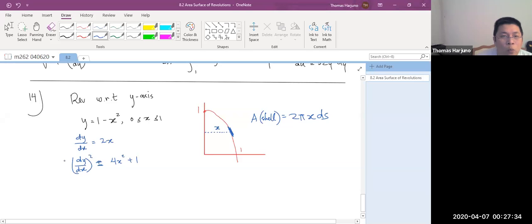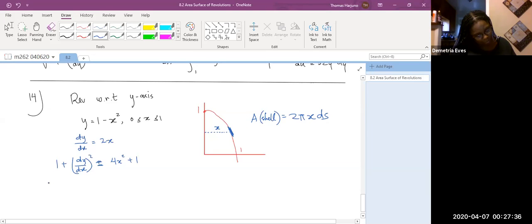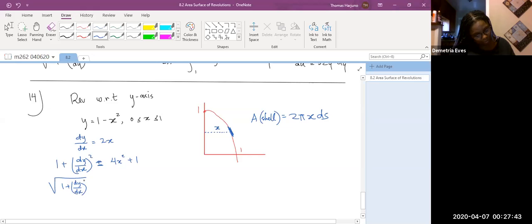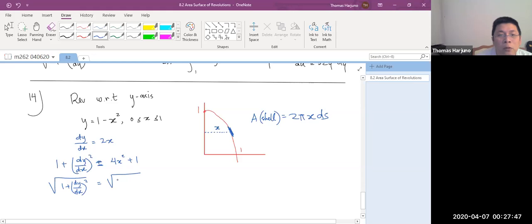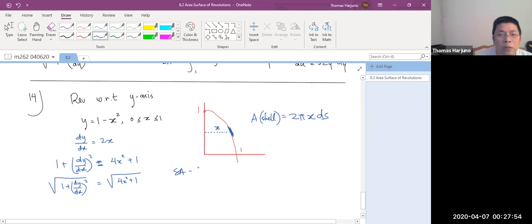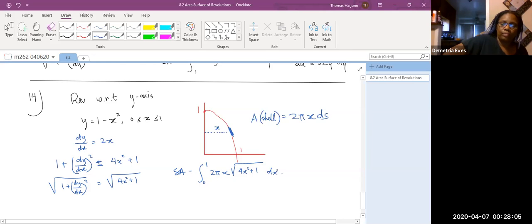If I add 1 and the square root of 4x squared plus 1. So the surface area of integration will be the integral from 0 to 1, 2 pi x square root of 4x squared plus 1 dx.